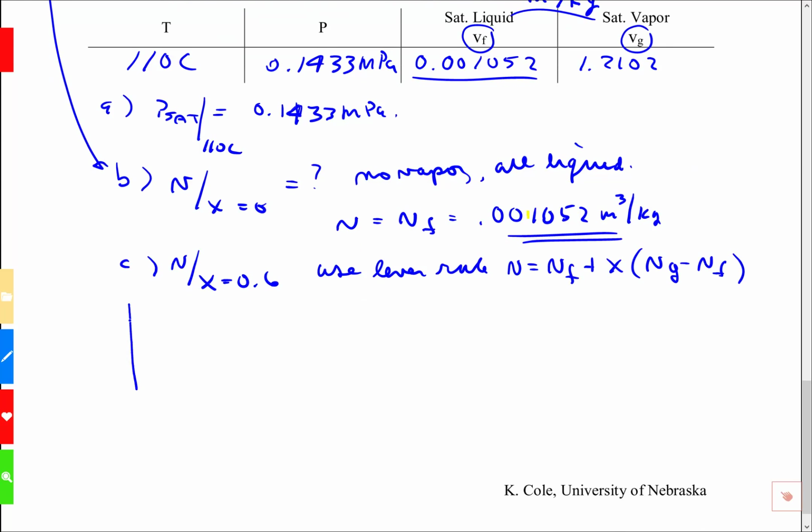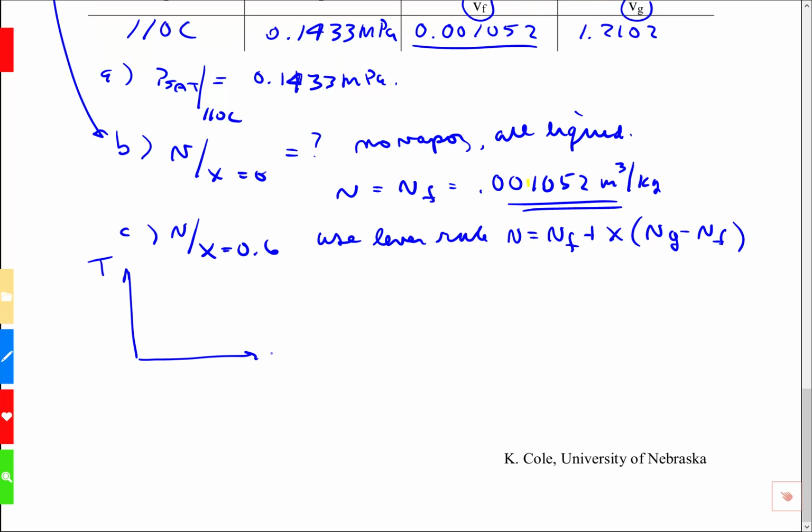Now I want to explain a little bit about what the lever rule means. We're working on a TV space, and we're working in the mixture region. So here's the saturation line. And imagine that this is 110 C, and this point over here is V sub F. This point over here is V sub G, because this is the mixture region.